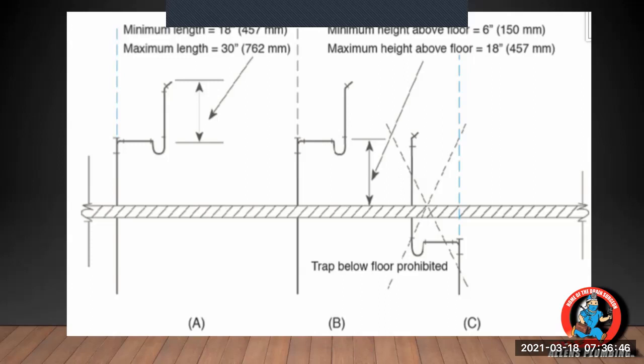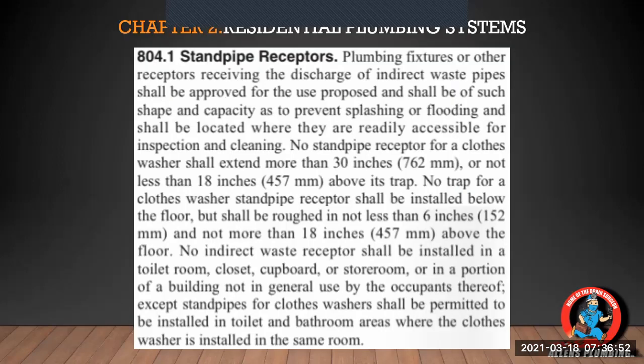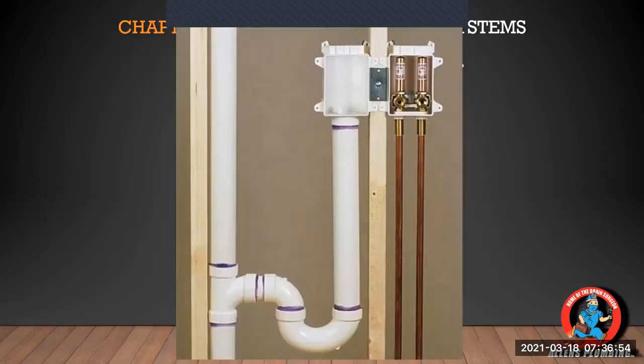But that is the rundown on a washer drain. So that's also one thing to get used to. If you ever get a call where it's overflowing every time it drains, try sticking your tape measure down this drain and make sure it's no less than 18 and no more than 30.